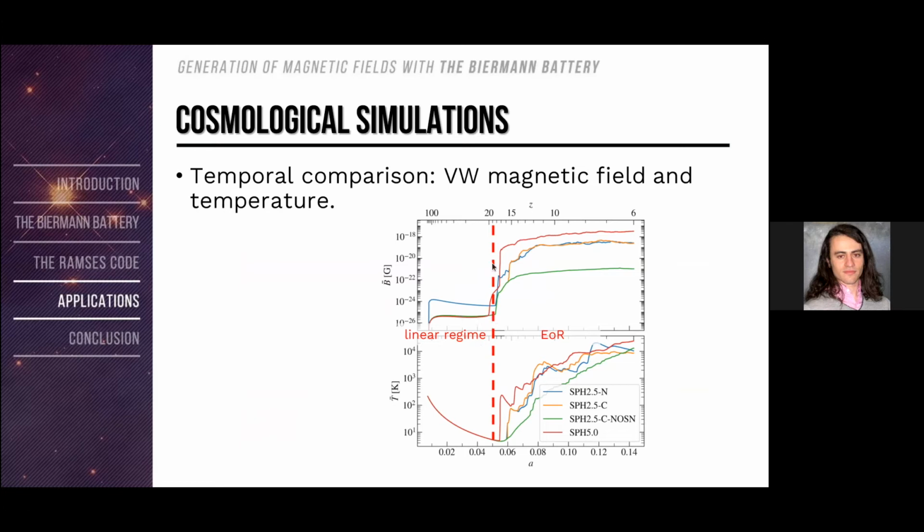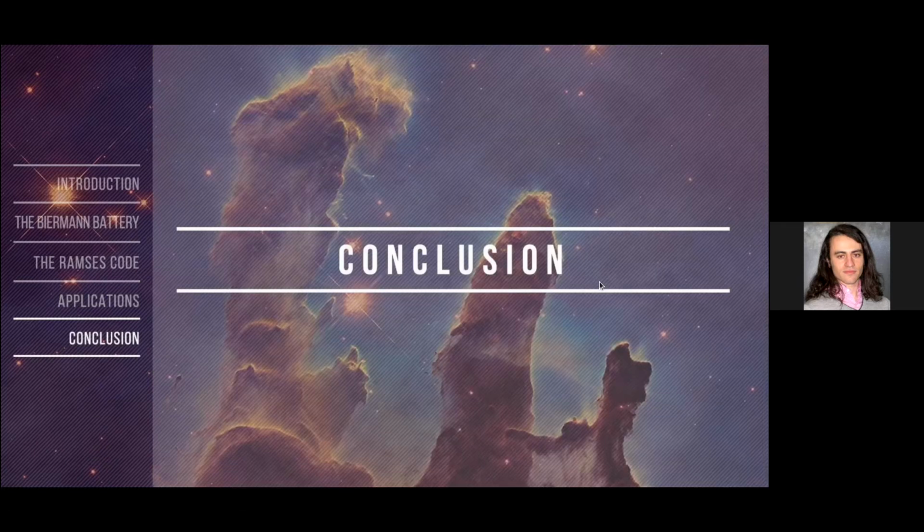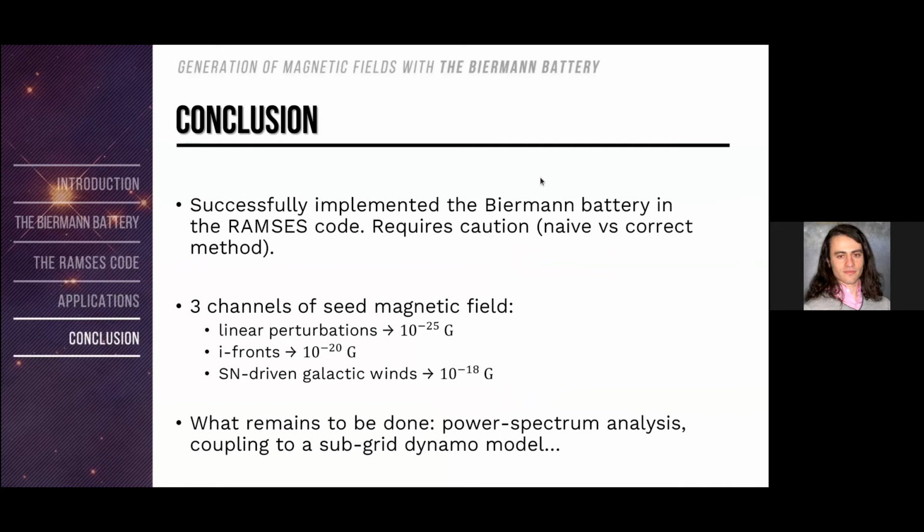But here at the epoch of reionization, we can see the onset of the Biermann battery with a notable difference between the volume weighted average magnetic field without supernova and with supernovae. And so I leave you here with some takeaway conclusions.